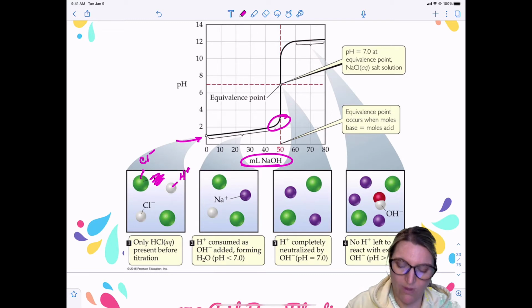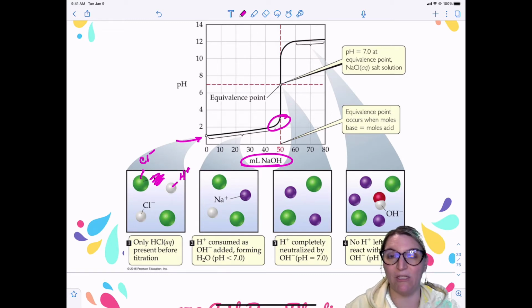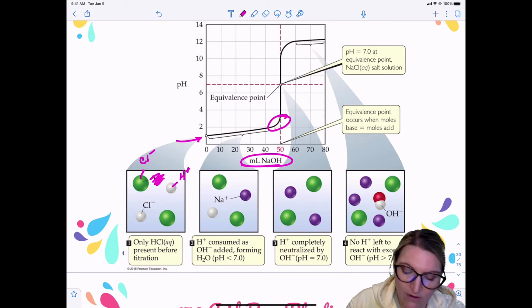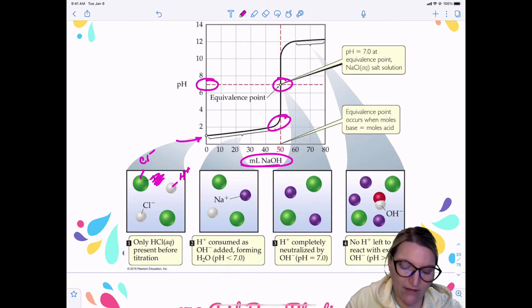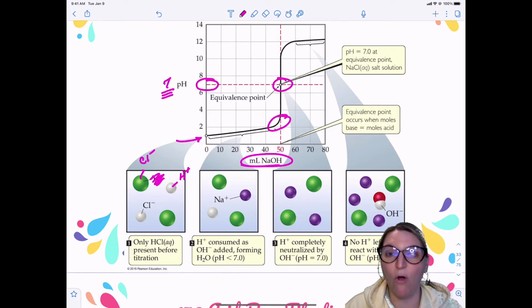Then really quickly, we will see that it spikes, because that's when I turned from having more acid than base to more base than acid. Where you will see straight up and down will, for a strong acid, strong base titration, always be at a pH of 7. That is what we call the equivalence point.